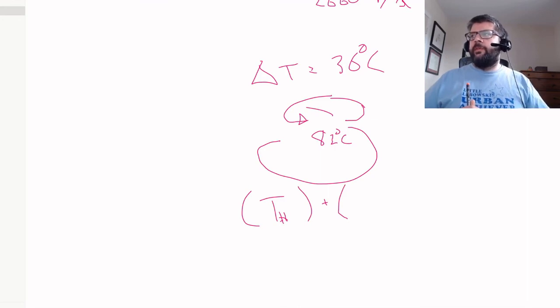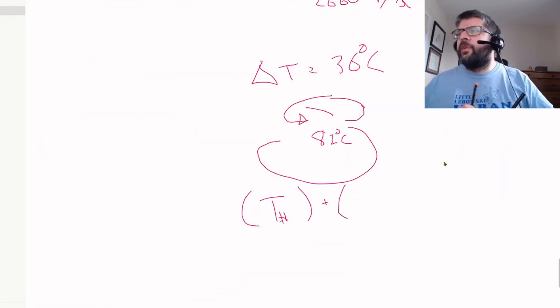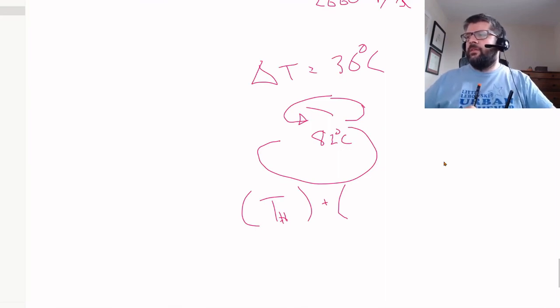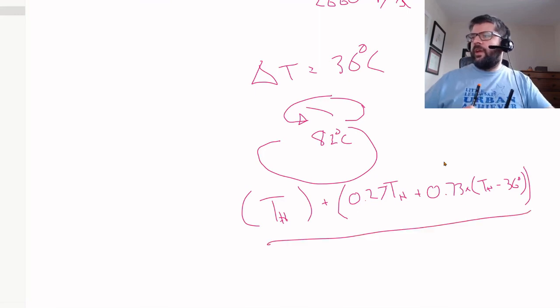That portion is equal to 1 minus our side flow ratio, so 1 minus 0.73. That'll be 0.27 TH, plus our side flow ratio times TH minus 36 degrees. All this averaged together is equal to 82.